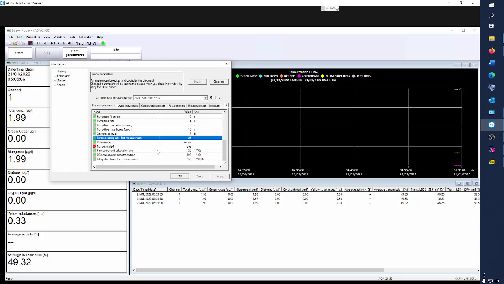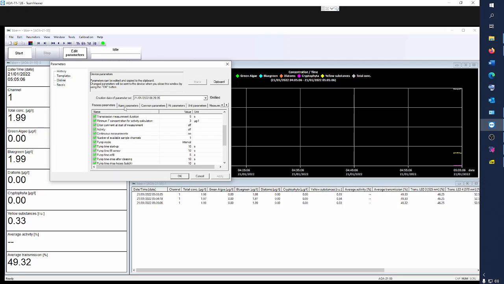Of the process parameters, I think the main thing you have to change would be whether you have activity measurement on or off, and you have to say how long the pump should pump till the water is inside. The other things are not really important if you have a 24/7 measurement.